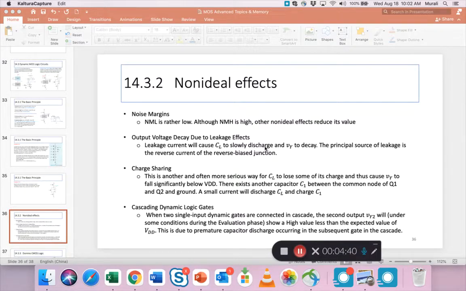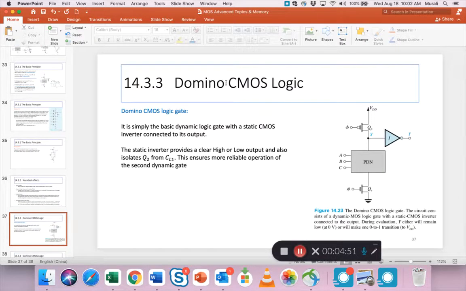So that's a problem. To overcome the bottom problem, the cascading problem, they've come up with a new form of the same system, called the domino CMOS logic gate.